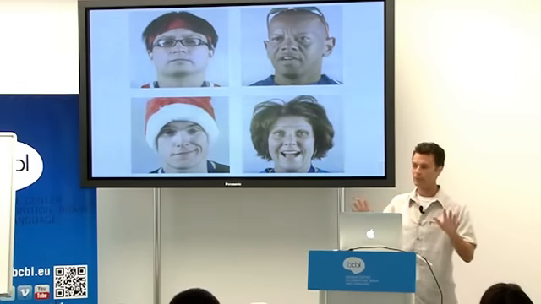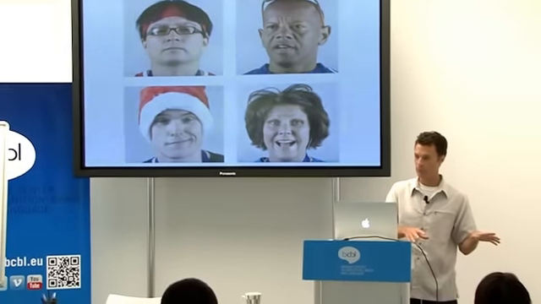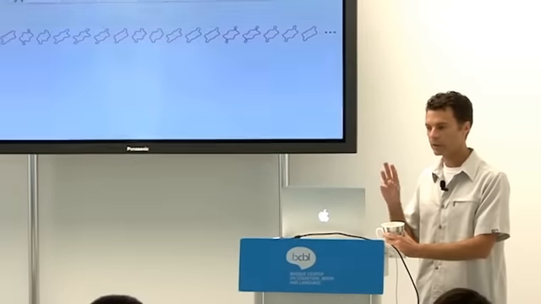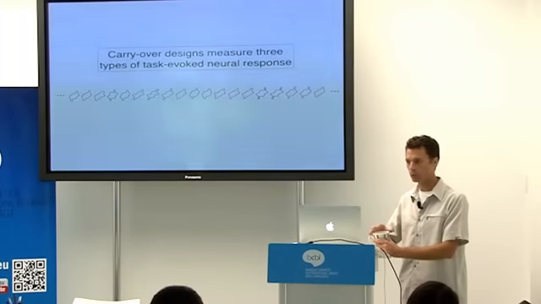Okay, so generally there are these visual areas. They're specialized for different categories of visual information, but we might want to probe a little bit more deeply about how information for variation of exemplars is stored within there. So what we're going to talk about a little bit is a type of fMRI experimental design that I call carryover designs, that can be used to measure three basic types of task-evoked neural response.